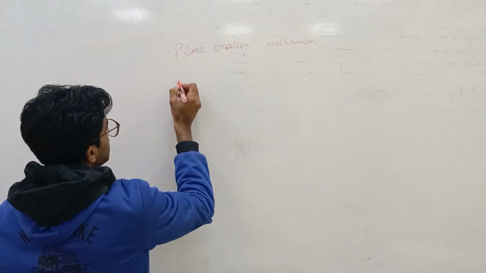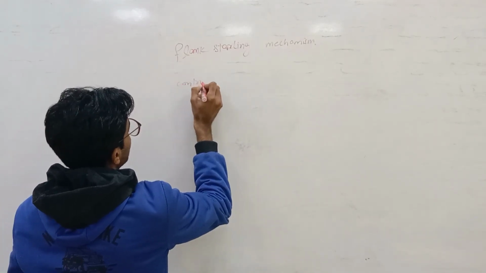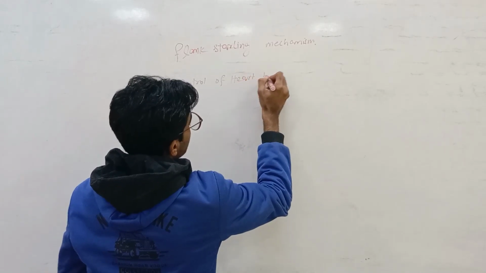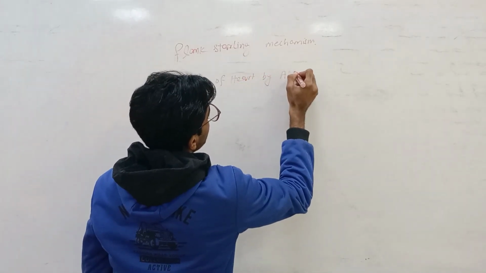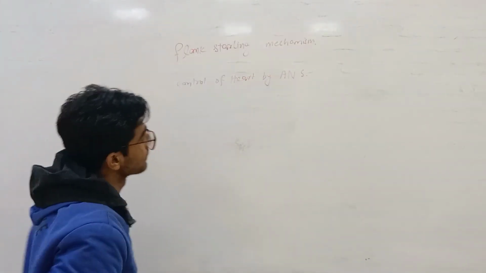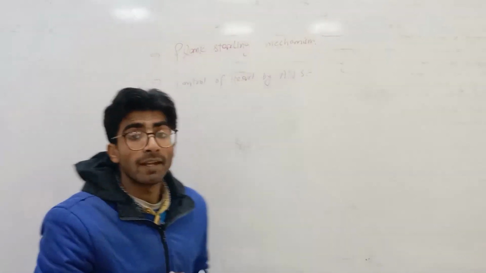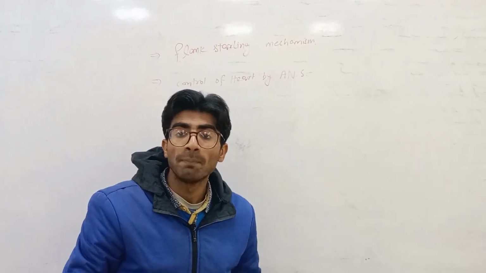The other is control of the heart by the autonomic nervous system. These two methods are used for regulation of heart pumping.